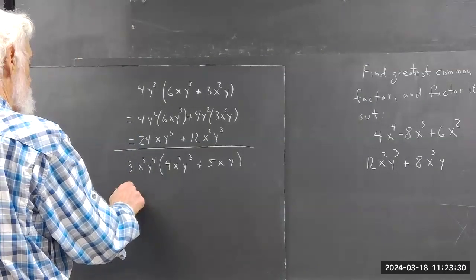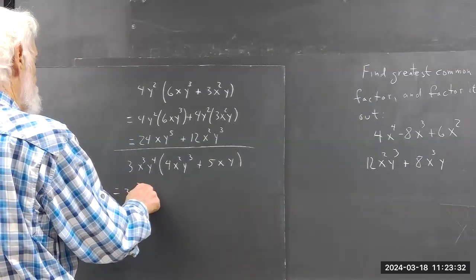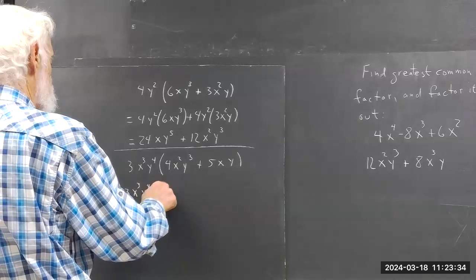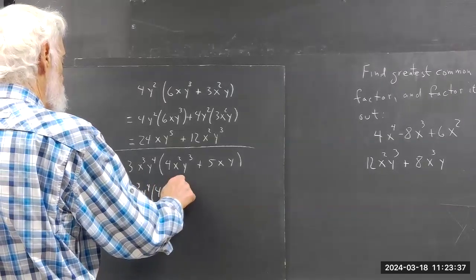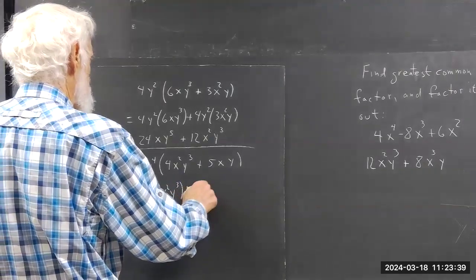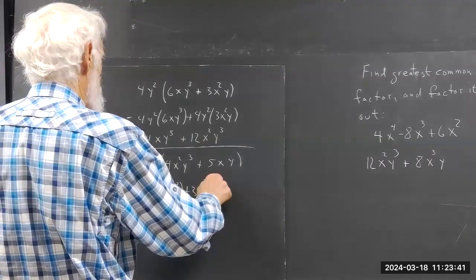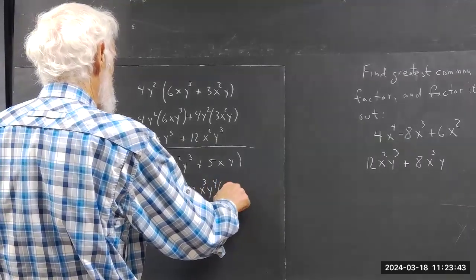So this equals 3x cubed y to the fourth times 4x squared y cubed plus 3x cubed y to the fourth times 5xy.